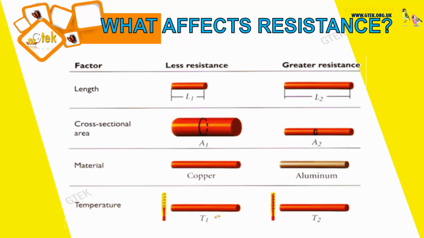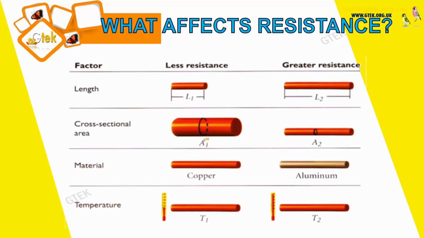Let's talk about the factors which affect resistance. These are the factors that affect resistance. The first one is length, the second is cross-sectional area, the third is material, and the final one is temperature.